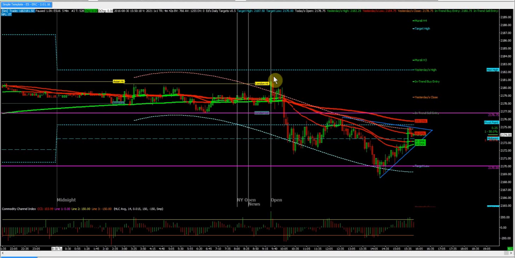What happened? Here we go again. We've got trend down. We have an entry up here. I've got buy and sell entries, which are actually fib points, 61.8 and 38.2.